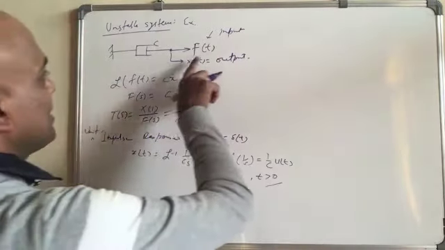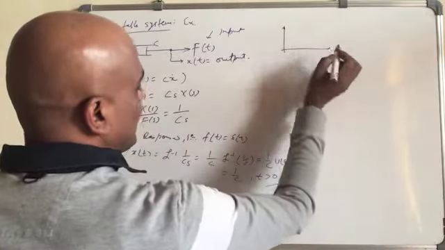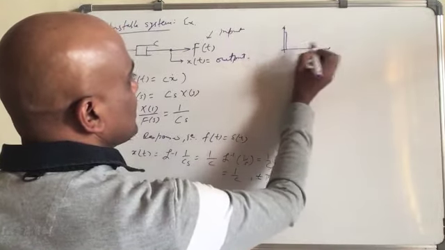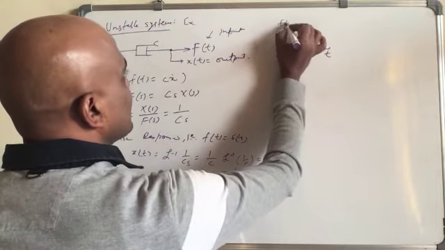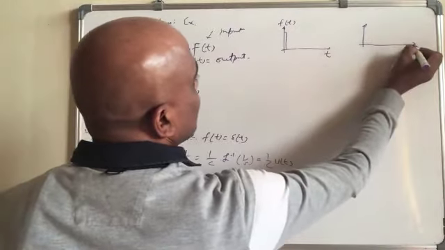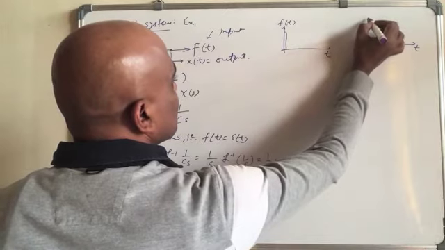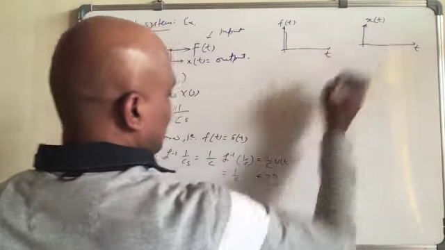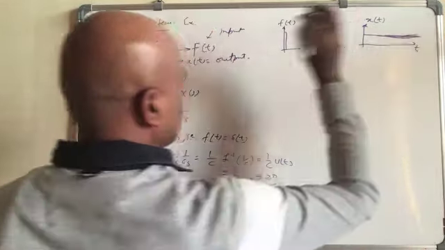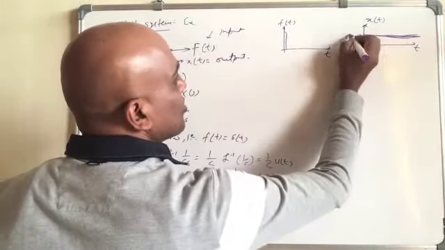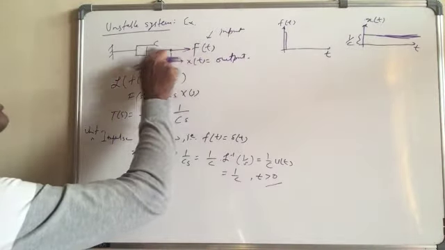It only tells that if this is the input F(t), our output X(t) is something like this, and the value is 1 over C. So that really means it did not come back to its original position.